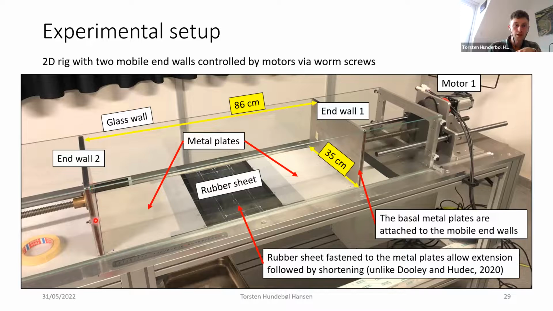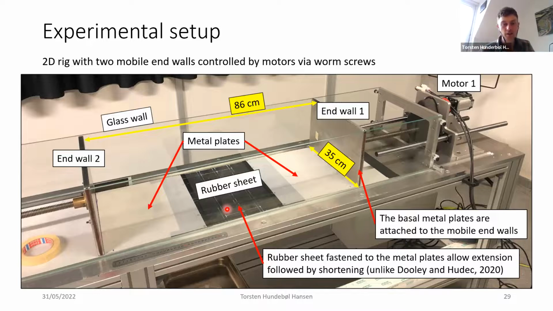To attach to the end walls, we have two metal plates that in the middle are connected by a rubber sheet that we fastened with glue or tape to the metal plates. This rubber sheet allows us to extend the box, and the rubber sheet will also take up an amount of shortening that is smaller than the initial extension.